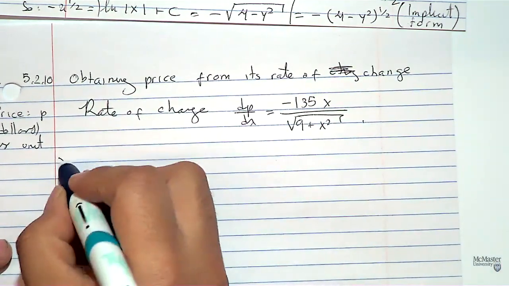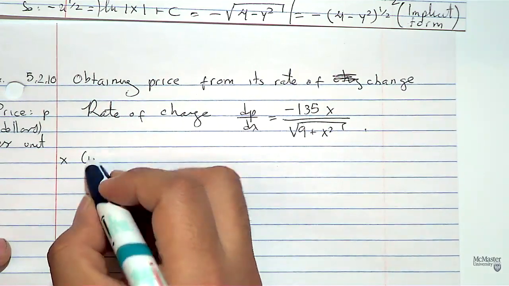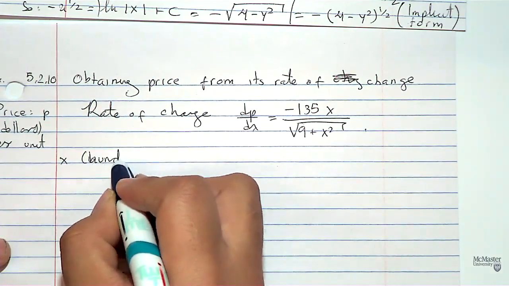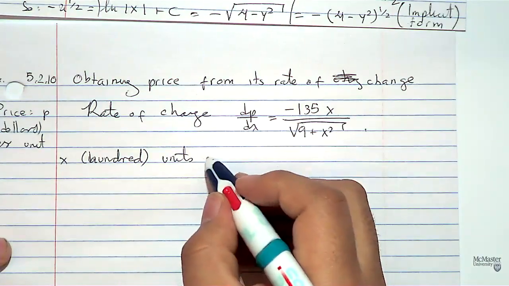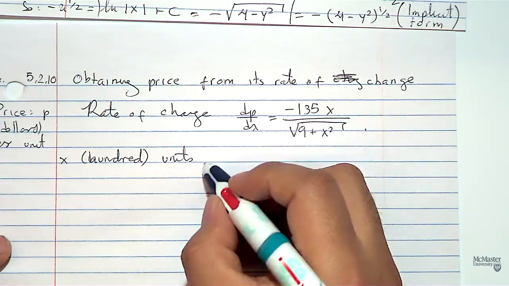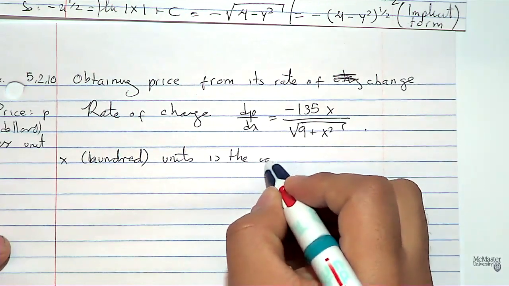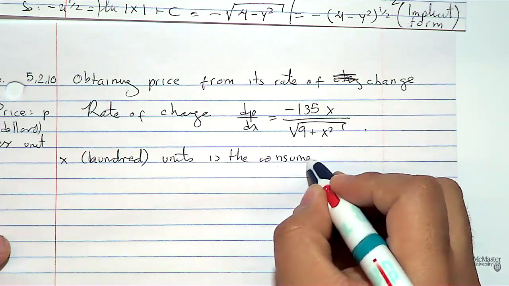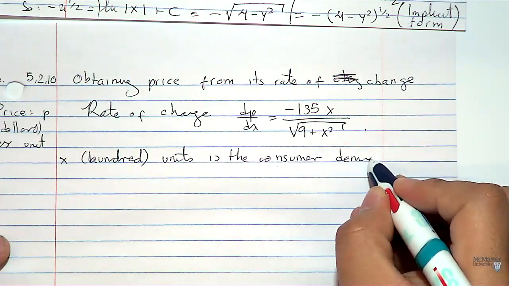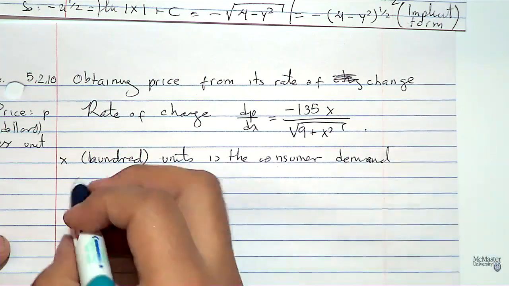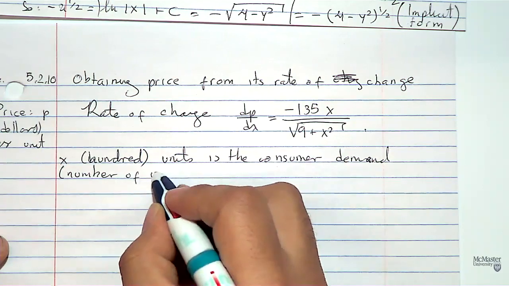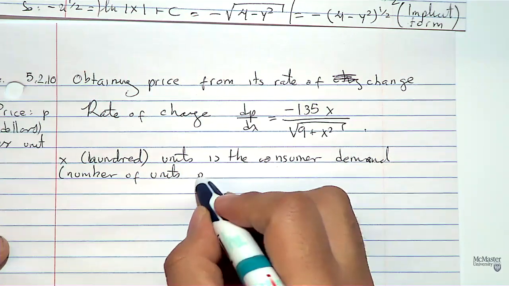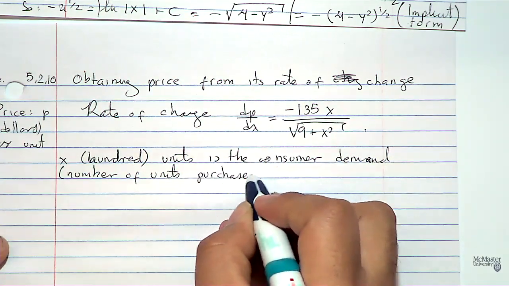Now, x is expressed in 100 units, and x denotes something called the consumer demand, which is the number of units purchased at that price.